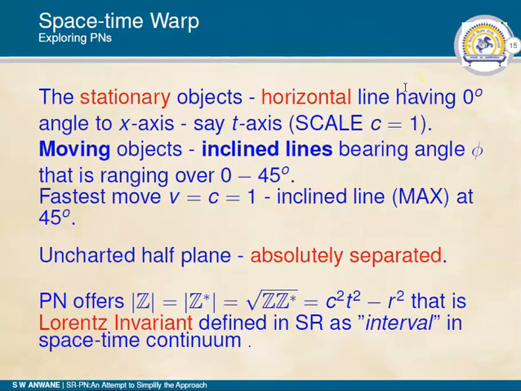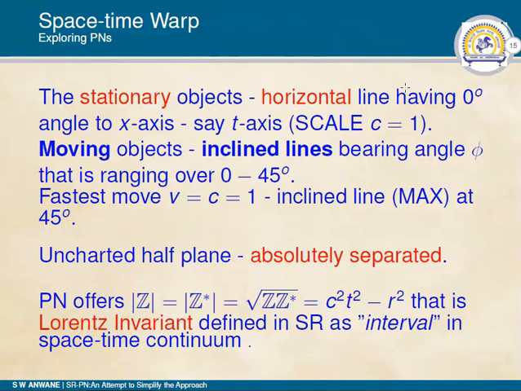Thus the stationary objects which are not moving in real time are horizontal lines having zero inclination with the x-axis. Obviously, we are considering it for the scaling c equal to 1, and we are terming that as the time axis.